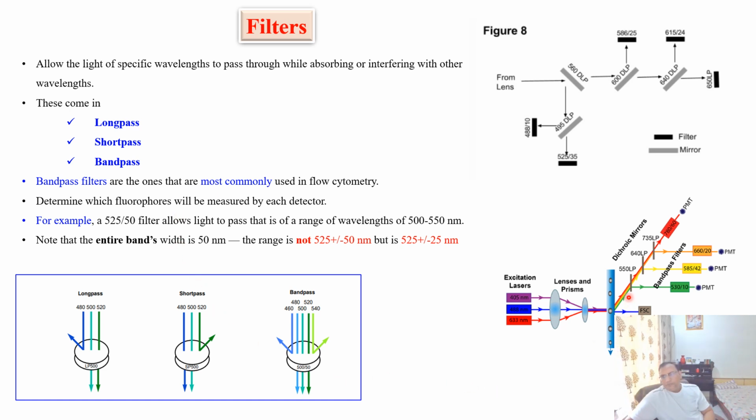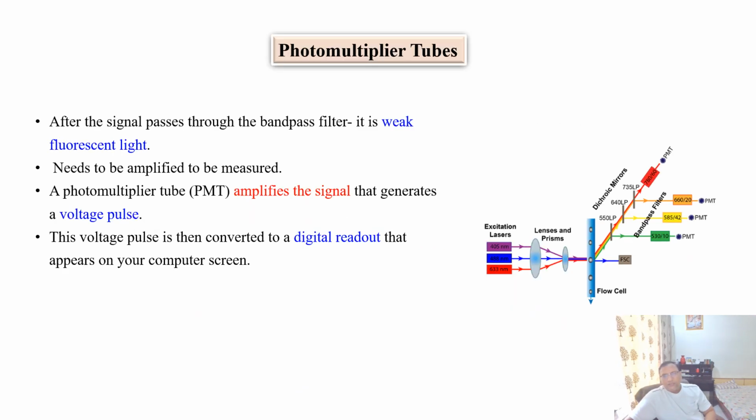These band pass filters are arranged like this in the flow cytometers. Finally, after the filter, this separated or desired light goes to the detectors, and this detector is called a photomultiplier tube.